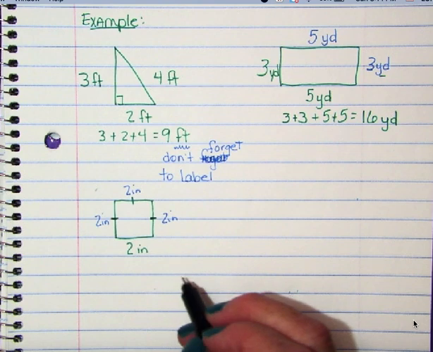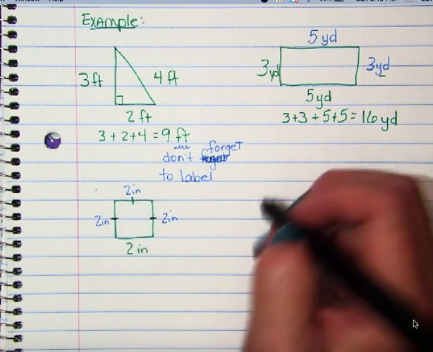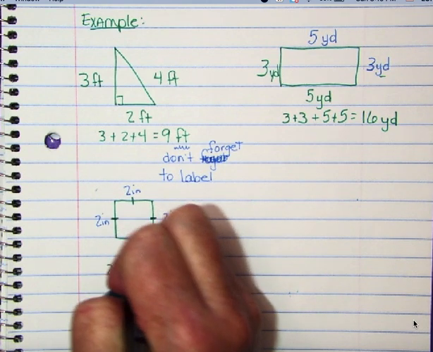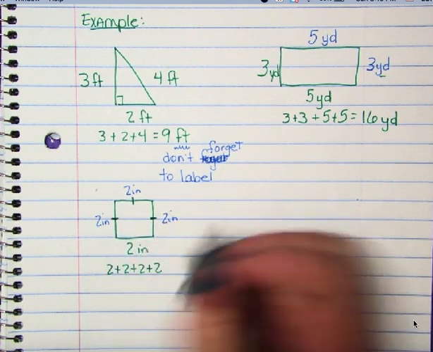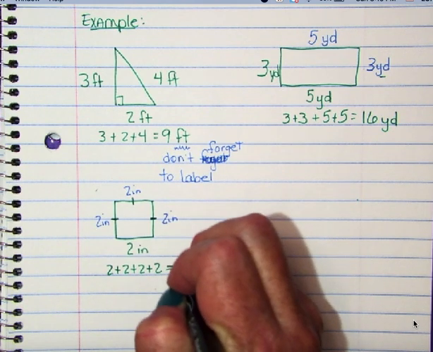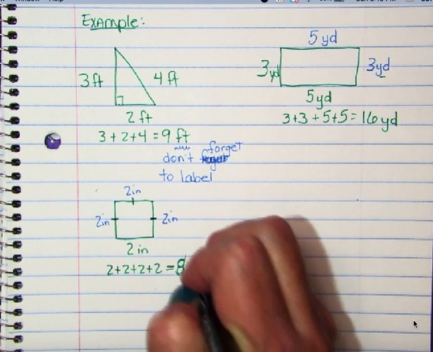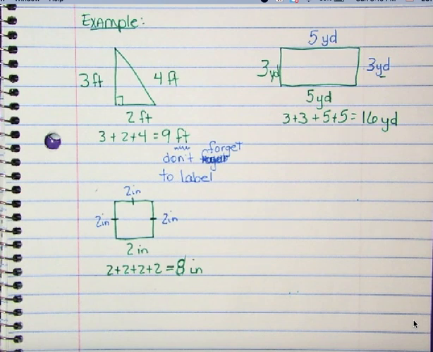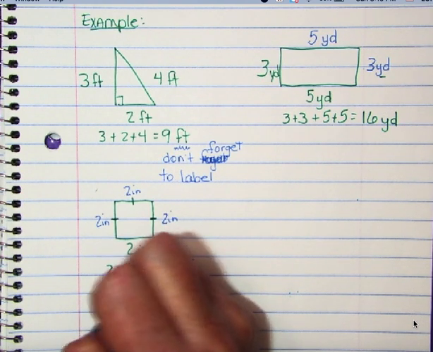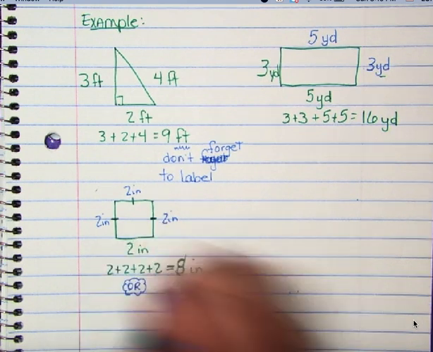There's 2 different ways you can total him. One is to just add 2 plus 2 plus 2 plus 2. 2, 4, 6, 8. So our answer is 8 inches. The other way you can do a square, or do a little bubble.